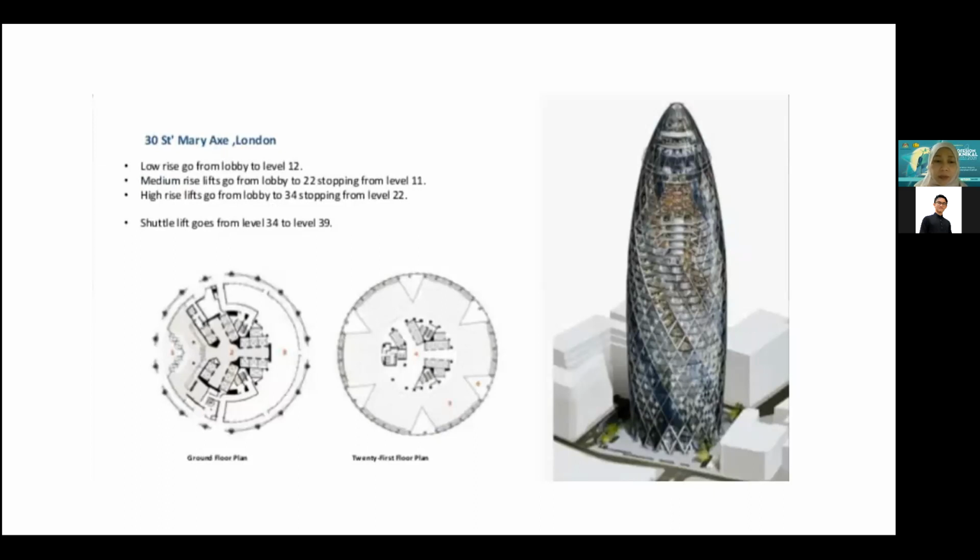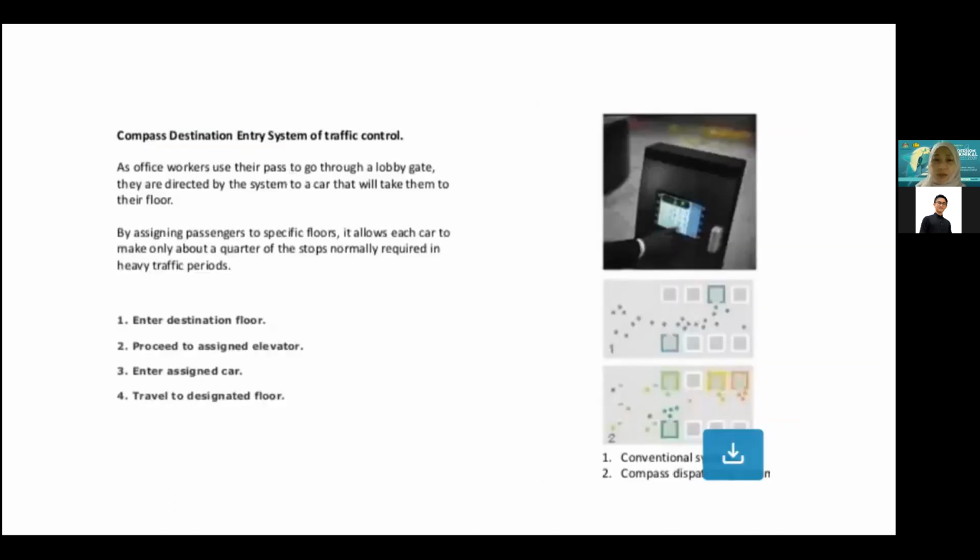So they have many lifts because they cater from ground floor to level 15, another lift for 16 to 25, 26 to 35, up to 40 using a different lift lobby.